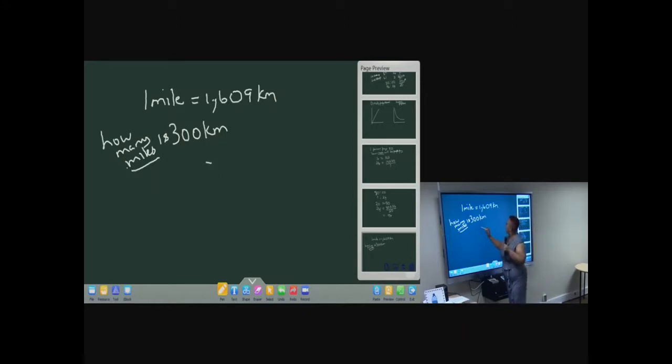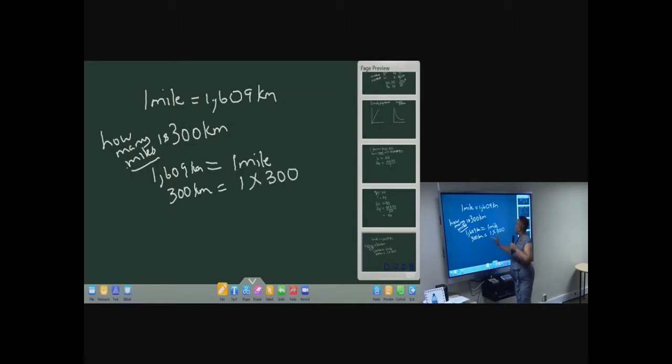Then you put what you want on your right. You need miles. Then you will say 1,609 kilometers. Then you want 300 kilometers. Then you will say 1, multiply by what you have put at the bottom and divide by what you have put on top.